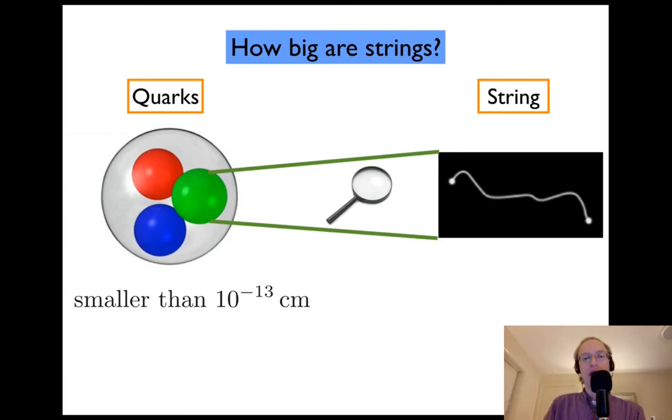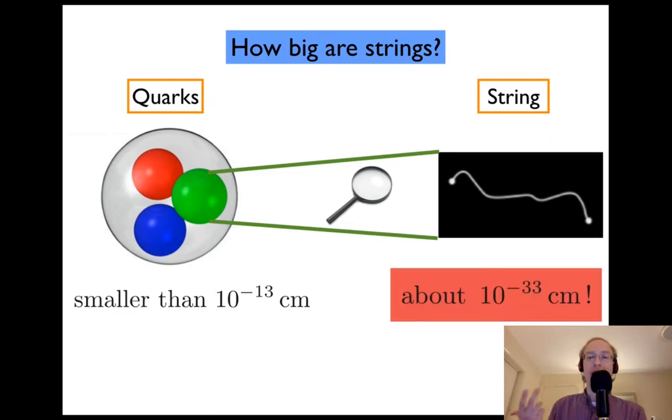And again, you can do some calculation. I'll just give you the punchline. In order for string theory to be a theory of quantum gravity, the fundamental strings have to be about 10 to the minus 33 centimeters long, which is 20 orders of magnitude smaller than the quarks, which is our current experimental limit. So 20 orders of magnitude smaller than our current experimental limit.